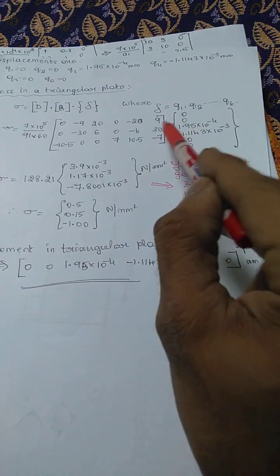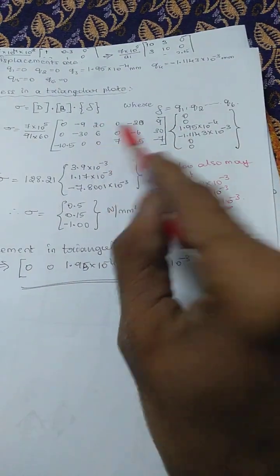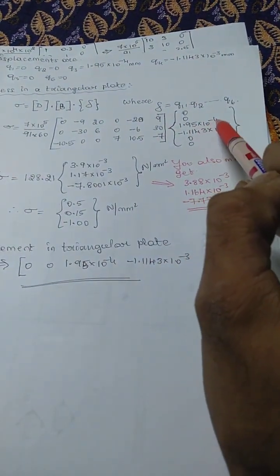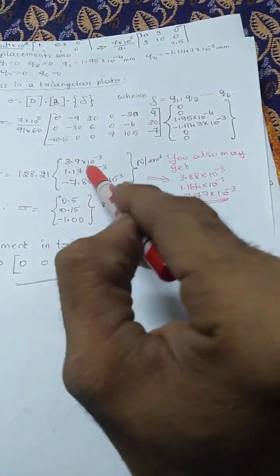So what remains is 20 into 1.95 into 10 to the power minus 4.